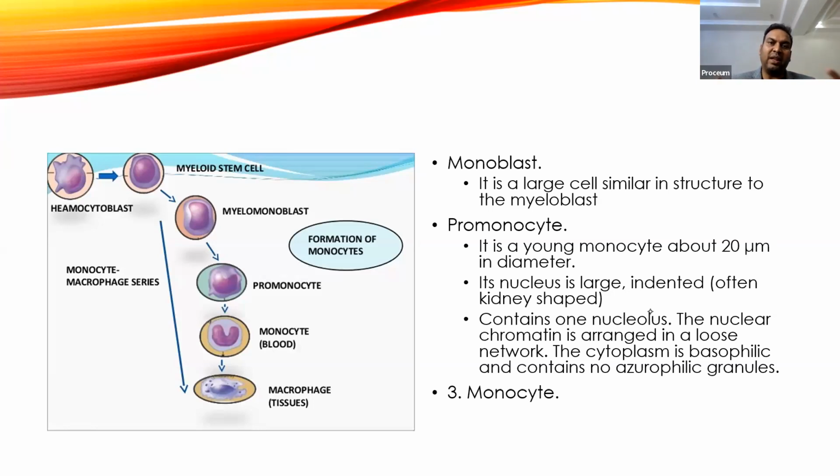So the monocyte has two portions: one in the blood, called monocytes, and one in the tissue, called macrophage. That's why many times the monocyte is not considered as only a cell, it is considered as a system, and they refer to it as the monocyte macrophage system. Previously, it was also called the reticuloendothelial system.